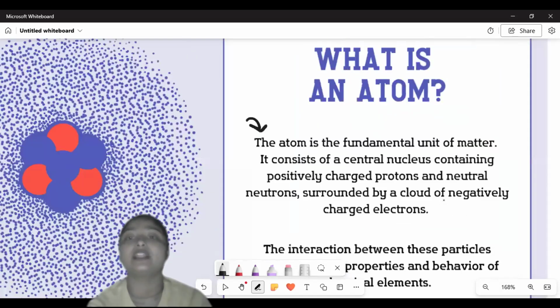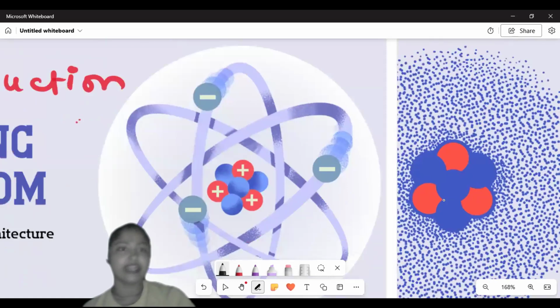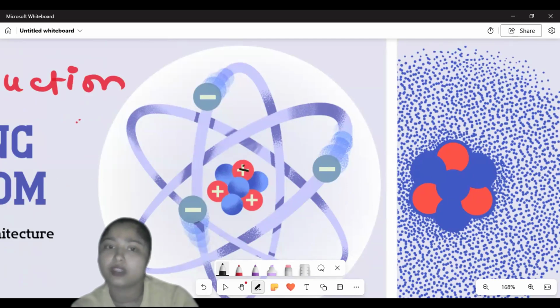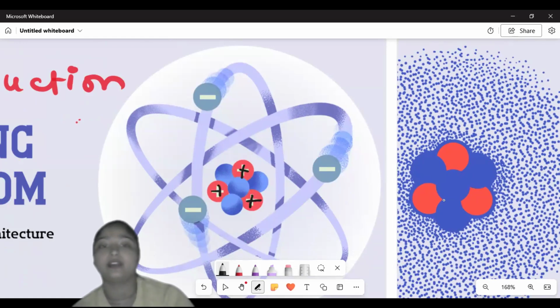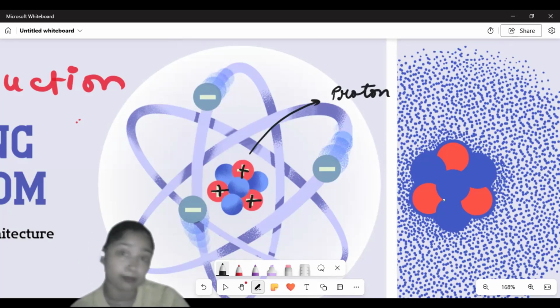I've explained that there are subatomic particles as well. Let's see the figure. This is the current model that we generally accept. If you look at the center, there are some red circles over here. These are positively charged, right? The plus sign shows that it's a positively charged subatomic particle, and the positively charged subatomic particle is a proton. As I've already told you, although atoms are considered the smallest or fundamental unit of matter, there are subatomic particles as well.